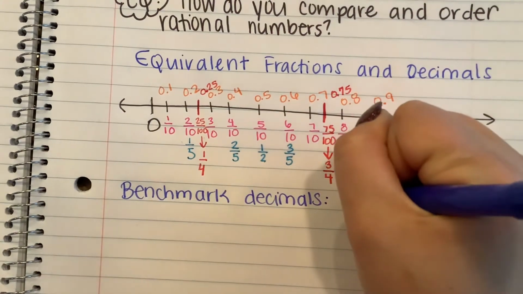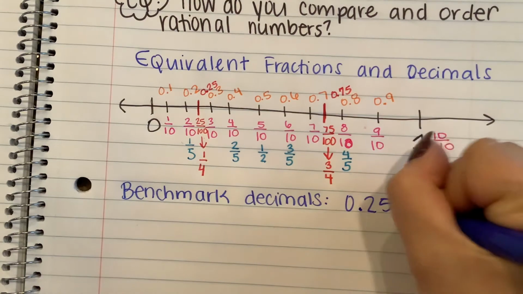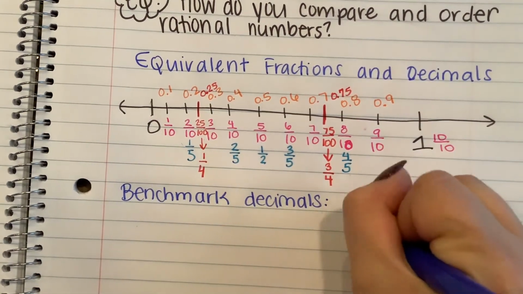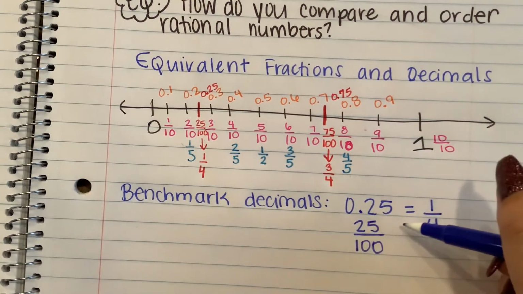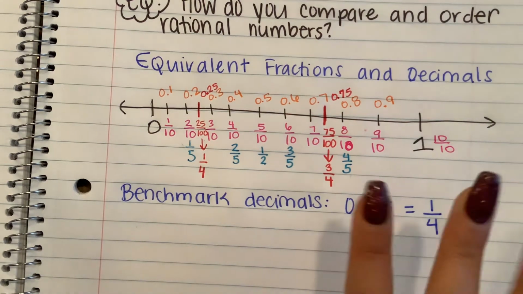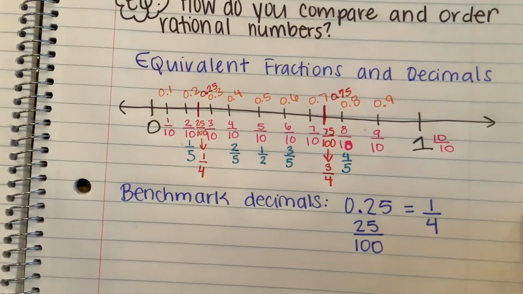So like 0.25 is the same thing as 1/4 because it is 25/100. So if you think in terms of money, 25 cents is 1 quarter and $1 is 4 quarters. That's how I got 1/4 if you're thinking in terms of money.